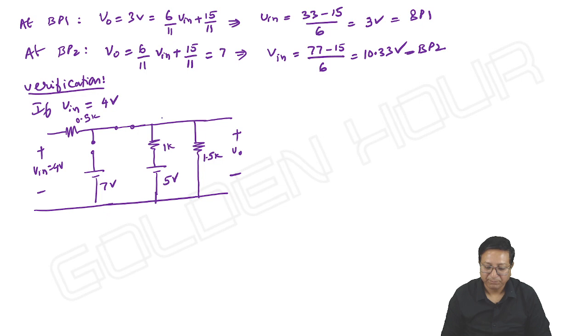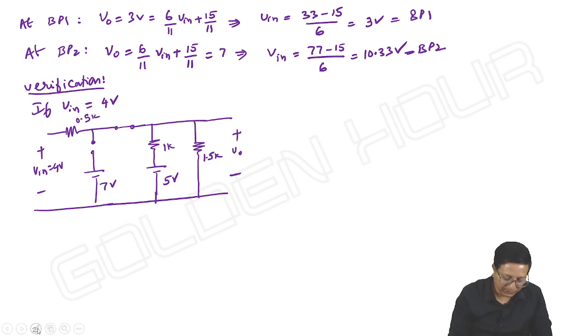Okay, I said D1 is on. It looks like D1 should be off. Then see this, this current is ID1. So what about the output here?